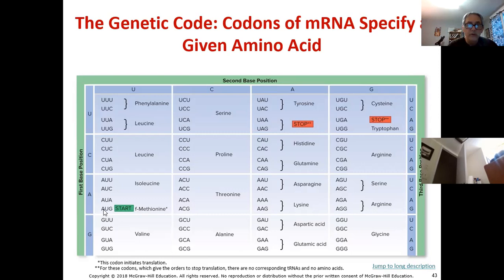The AUG is the start codon. It codes for formylmethionine. Not every protein begins with this. It can actually be removed, but you have to have the start codon. You see we have 3 stop codons. Stop codons do not code for an amino acid. They mean what they say, they are stop codons.